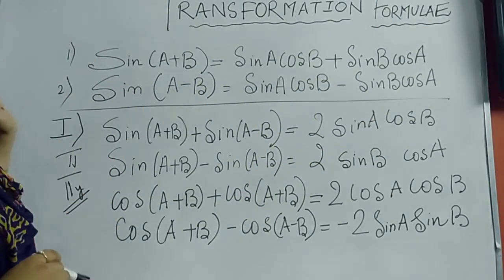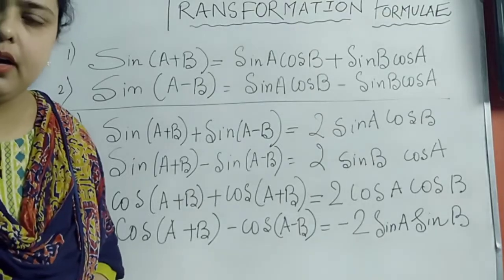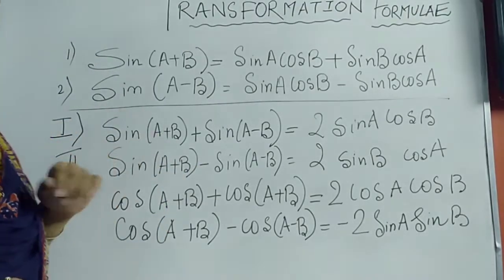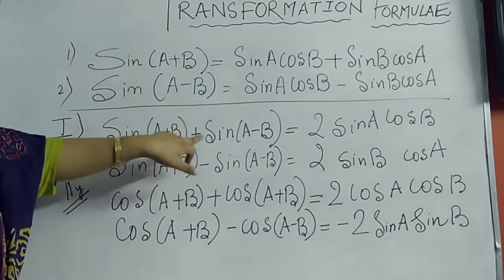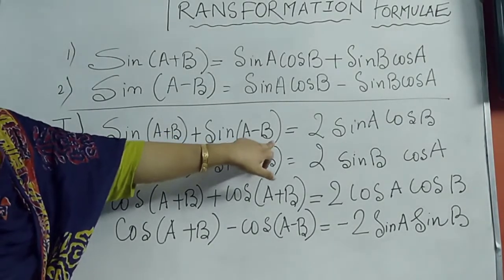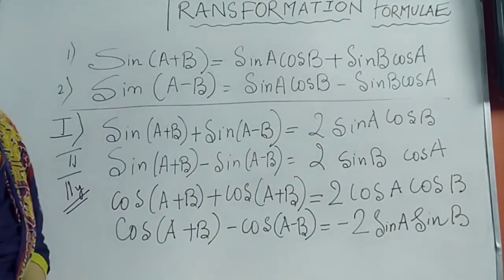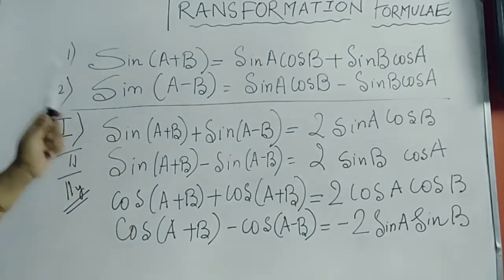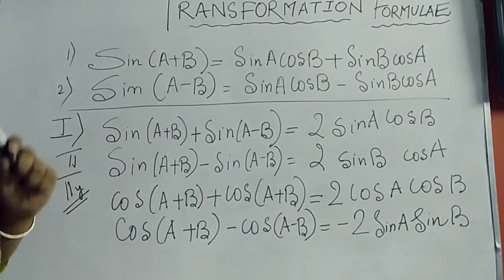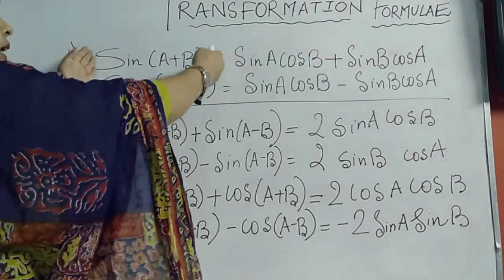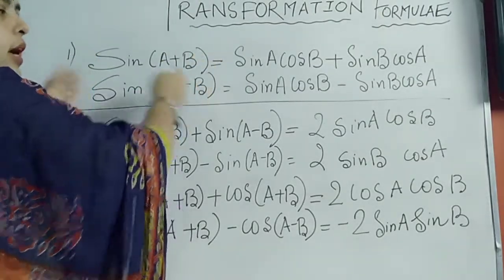So, the first transformation formula is in front of you all. That is, sine a plus b plus sine a minus b is 2 sine a cos b. The second transformation formula is obtained by subtracting the two compound angle formulas.